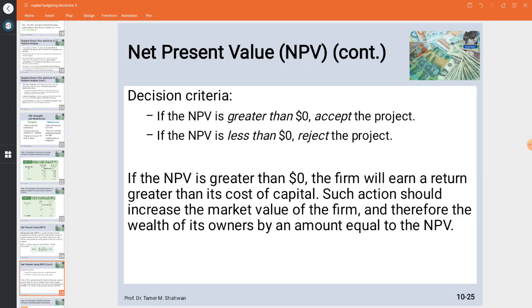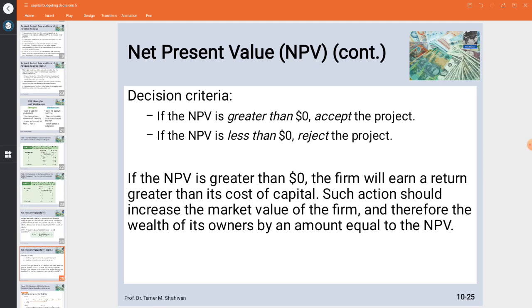In some situations, you could find that NPV equals 0. This is a neutral decision, and in such a type of decision, you will need additional factors to support your acceptance or rejection of a specific project.